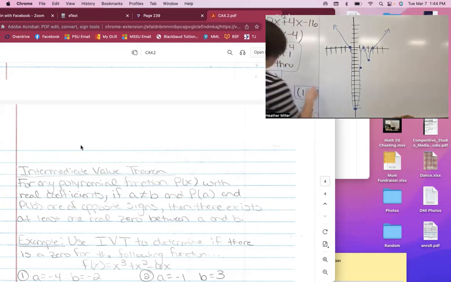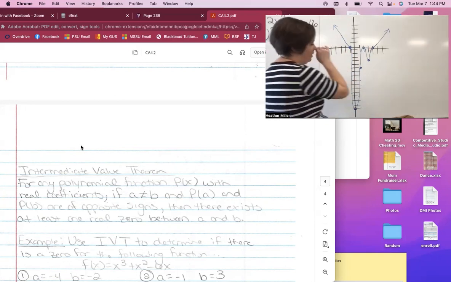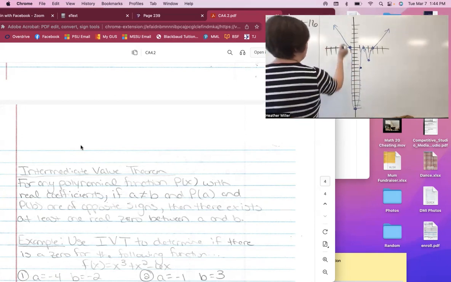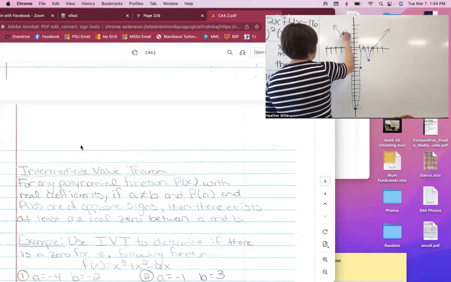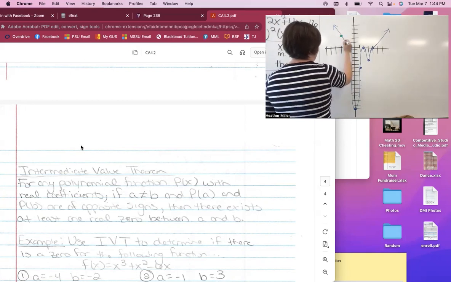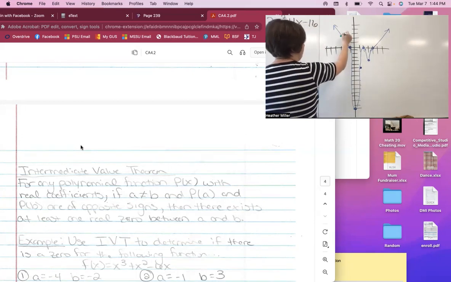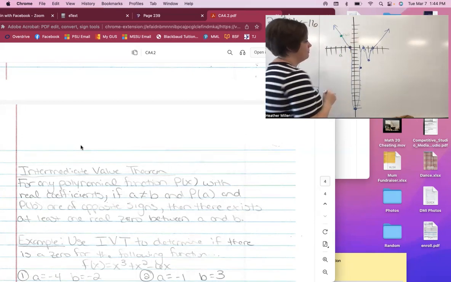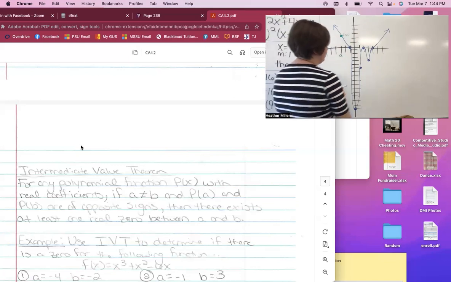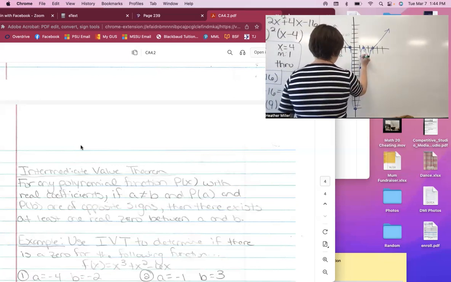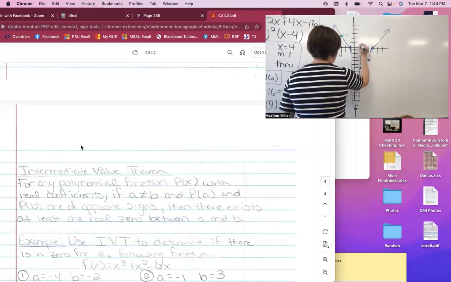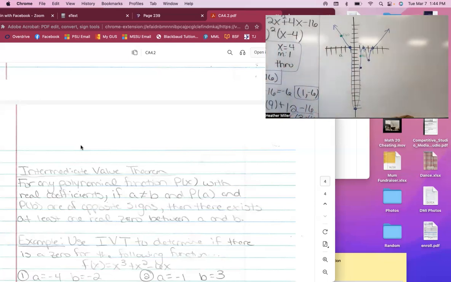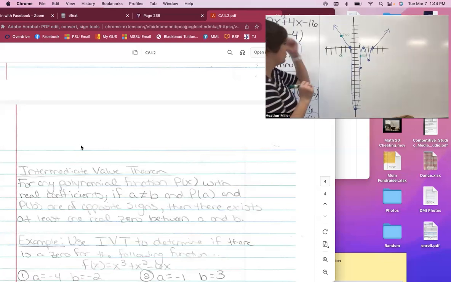So if I'm looking at this blue graph and all of its craziness, and I'm saying, okay, right here is A, in terms of my X. And so up here we have our F of A, right? And then I'm looking over here and I'm saying, okay, right here is B, and that means this is F of B. Do we see how this is working?